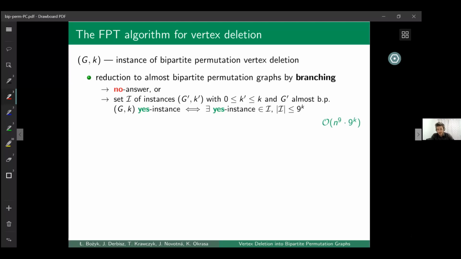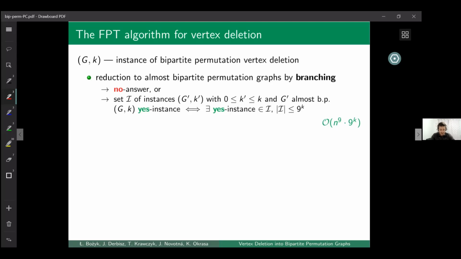Looking for a forbidden structure in each turn, we pick a set of at most 9 vertices of our n vertex graph. So in total, this part is of order n to the 9 times 9 to the k, both 9s being the upper bound for the size of a forbidden minimal structure.